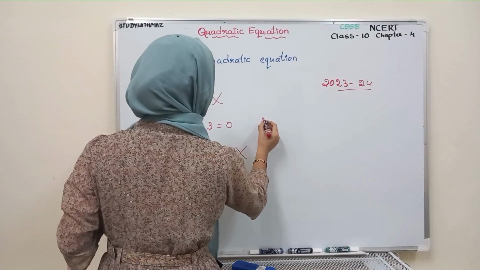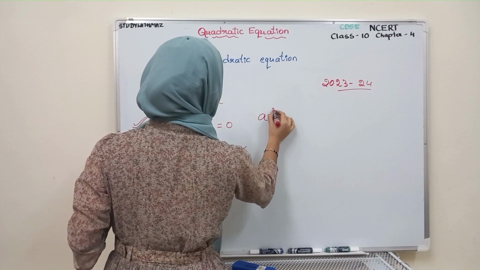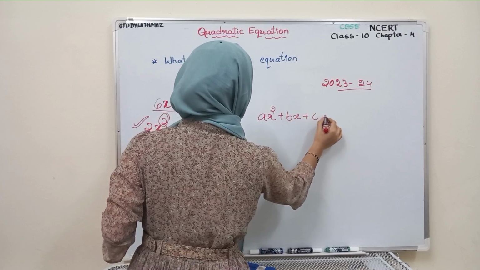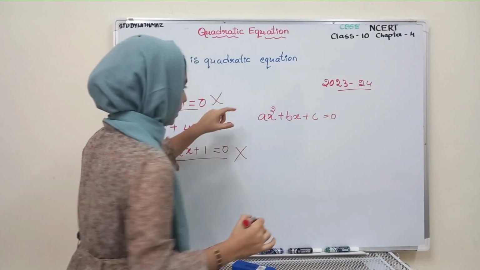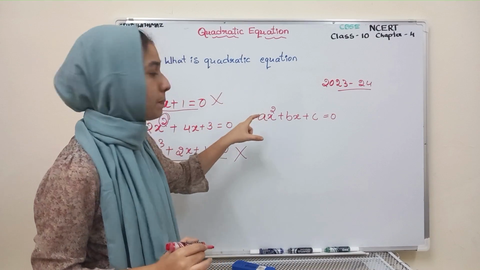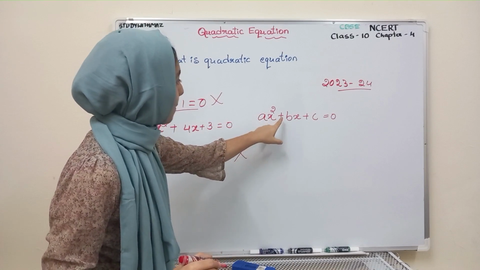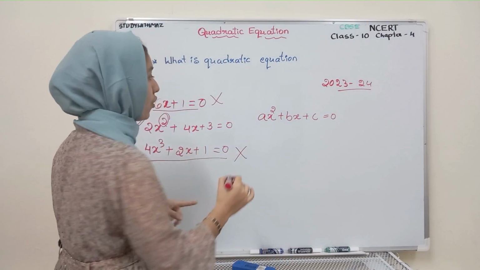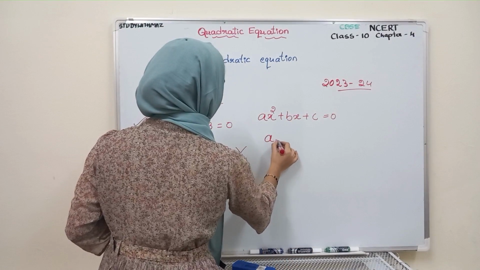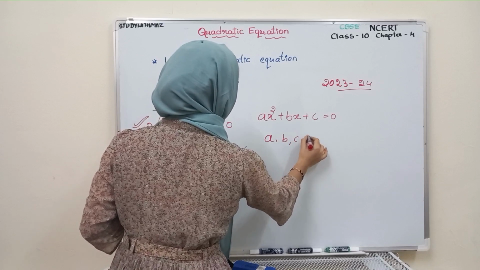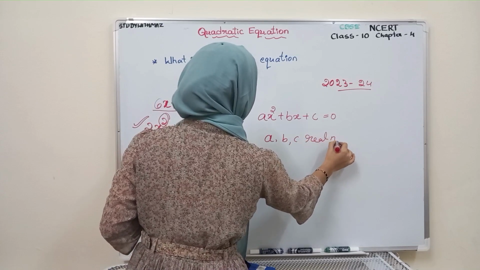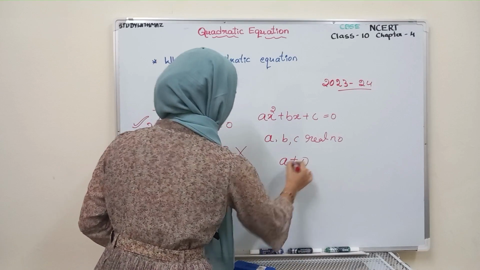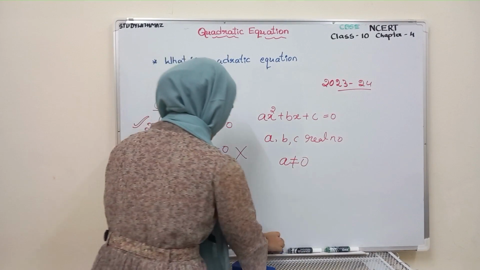Generally we can say that ax square plus bx plus c equal to 0. Equation of the form ax square plus bx plus c equal to 0, where a, b, c are real numbers and a should not be equal to 0. समझ में आ रहा है?